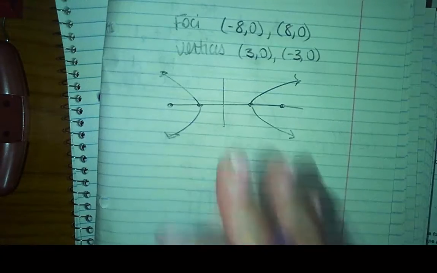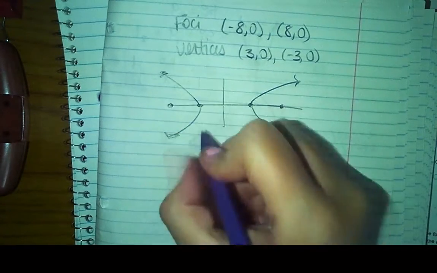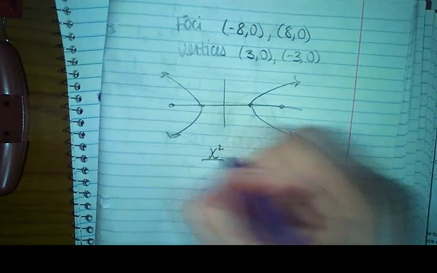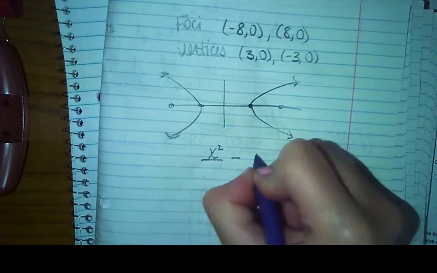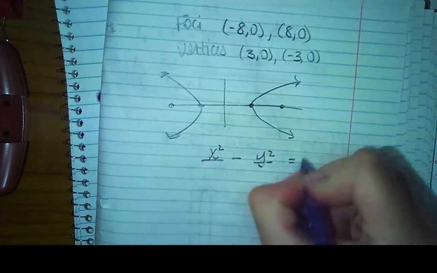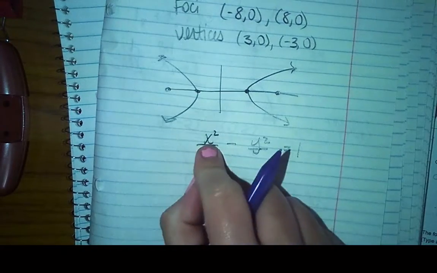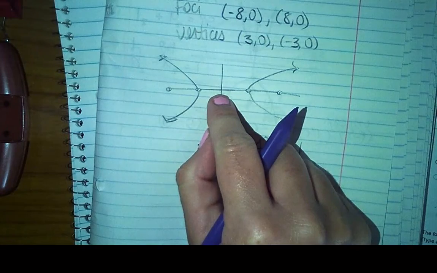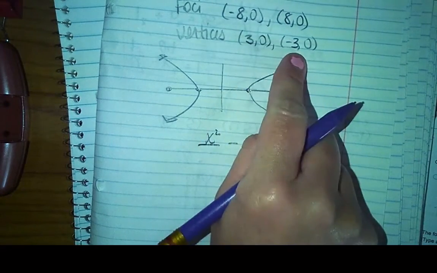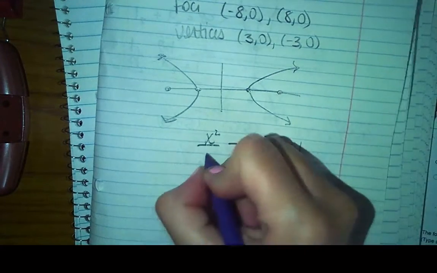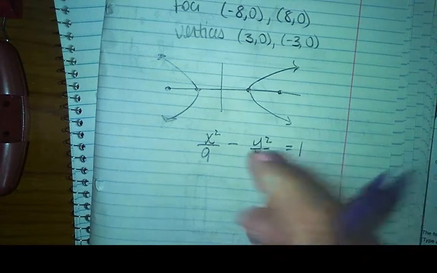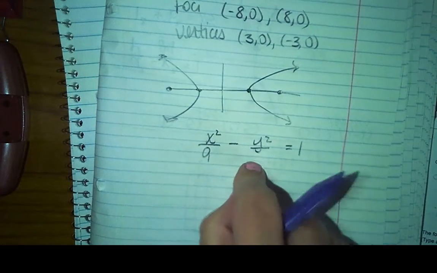So what do I know first? It's opening left and right, so I'm going to lead off with x squared over, and then minus y squared over, equals 1. How far left and right did I go to get to the vertices? I went left and right 3 units, so square it. You get 9. Now I have to figure out what this is.